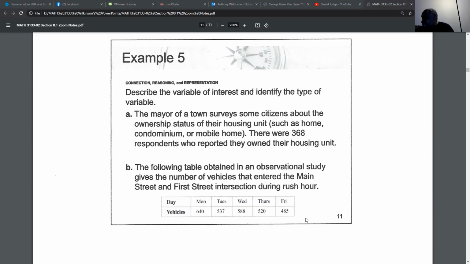In this case, it is numerical, because here, they're counting the number of vehicles that entered that particular intersection during rush hour. So that part B, this will be considered a numerical variable or quantitative variable, quantitative.